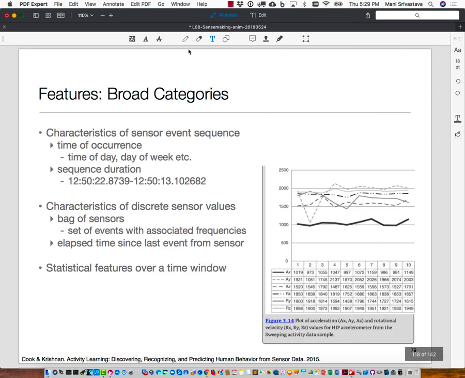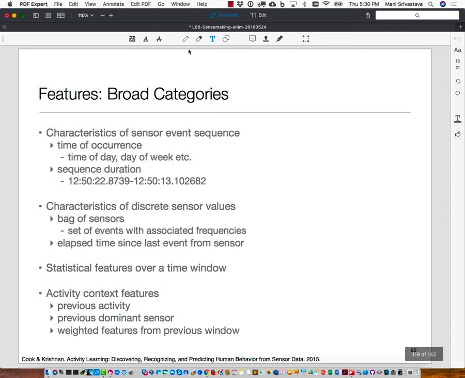Finally, we have statistical features, which are defined over a window of time, and these are very well suited for time series where you have periodically sampled data, like the accelerometer readings. I'm going to go over some examples of what we encounter. And the last one, which one of you had asked about, is contextual features. What was the previous activity I was engaged in?